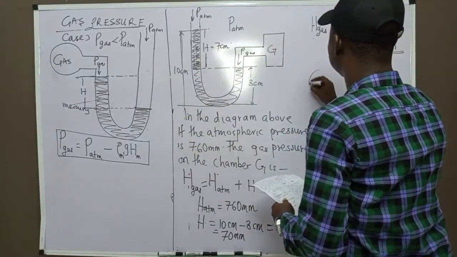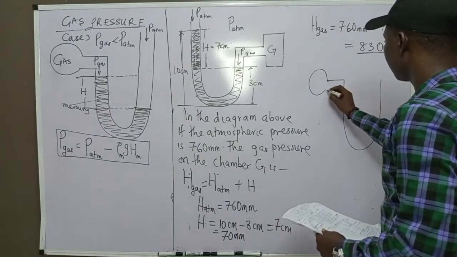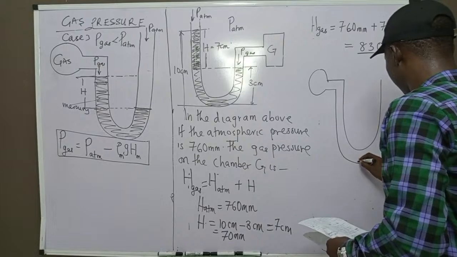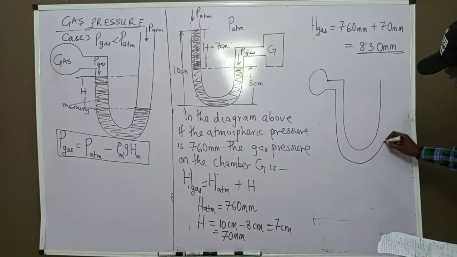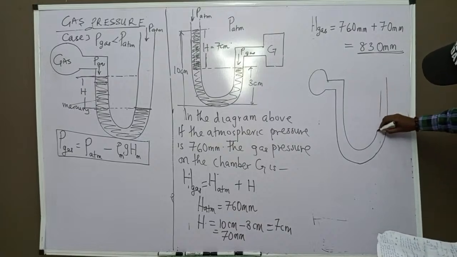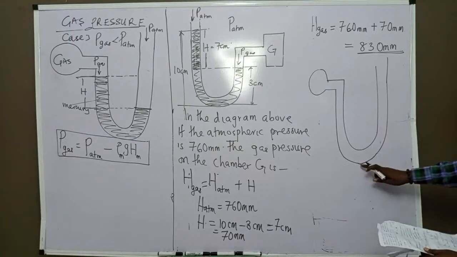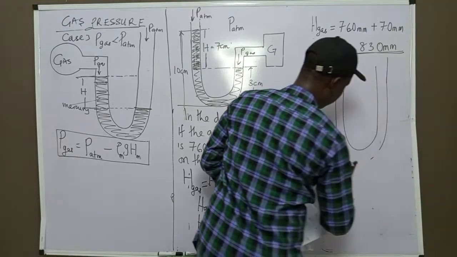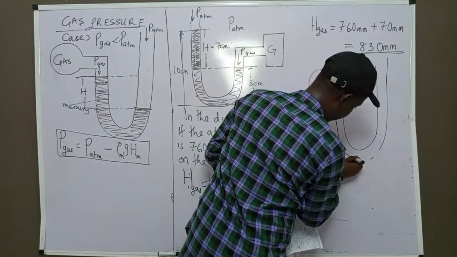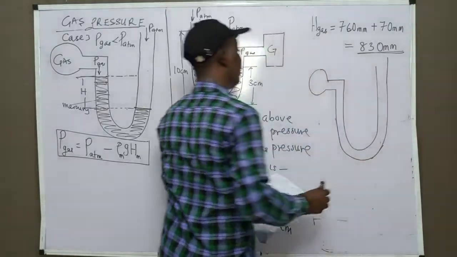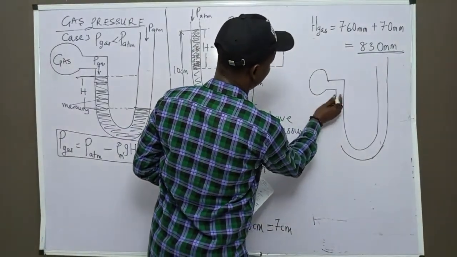Now, they have a gas here. This is the manometer. Now, if this is a manometer, don't forget it must be very, very uniform.